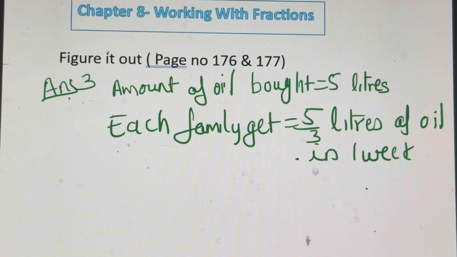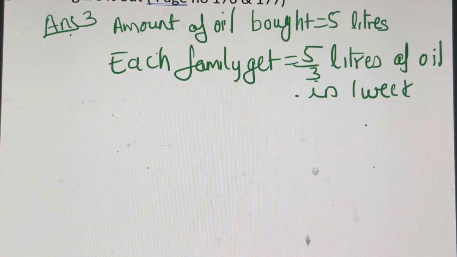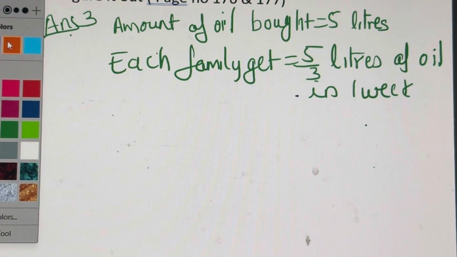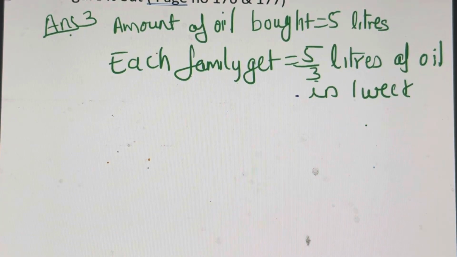So once we got 1 week, it's very easy to find out for 4 weeks. So if you use the key method, or you can directly multiply, like if it is given for 1 week, you are finding out for 4 weeks. So you will naturally multiply 5 upon 3 into 4. But if you want to use the key method, then 1 week and oil in liters.